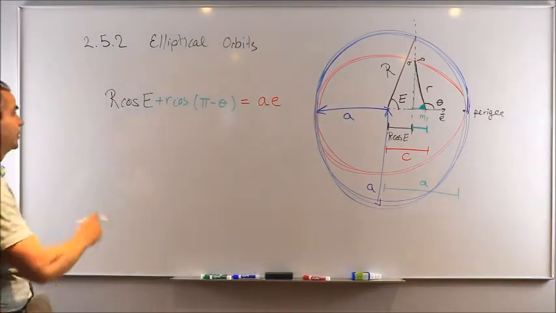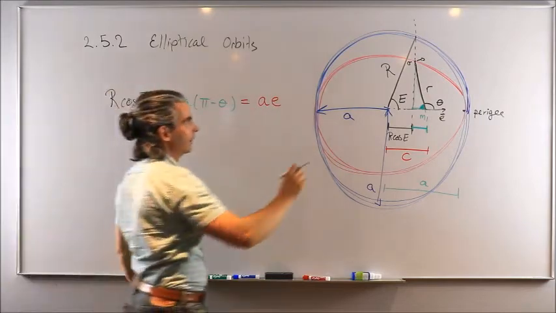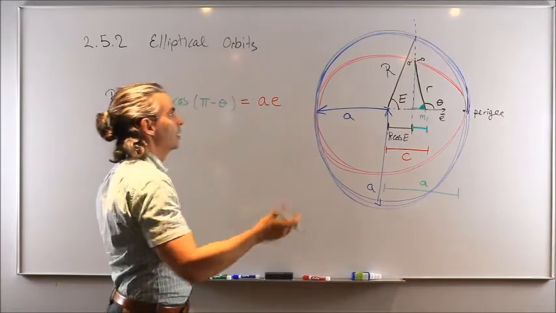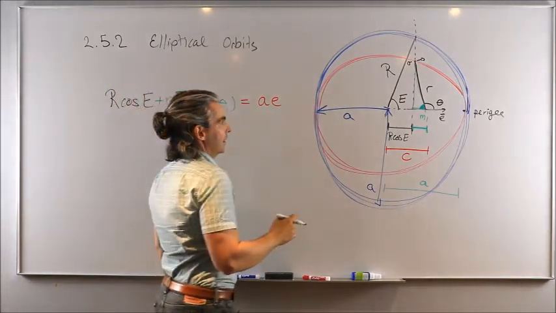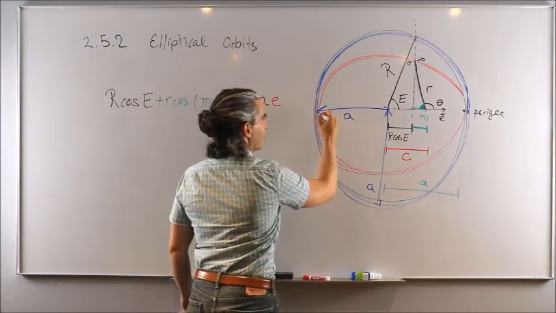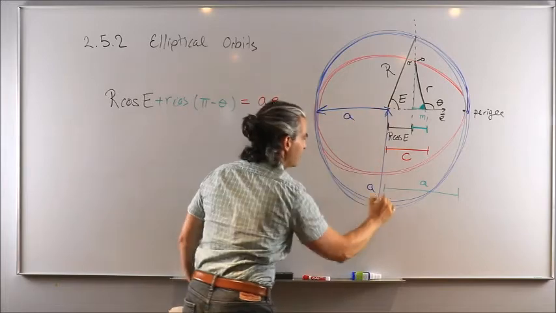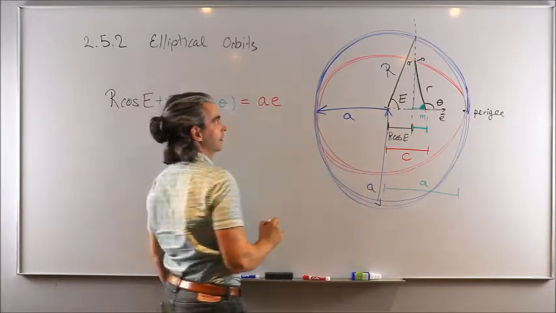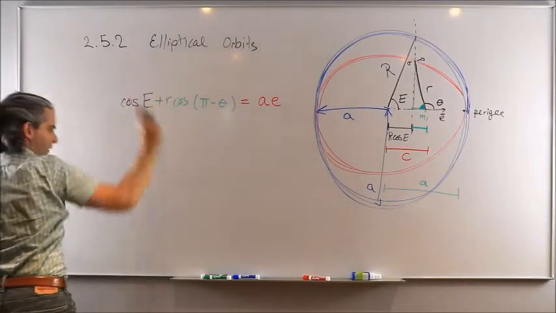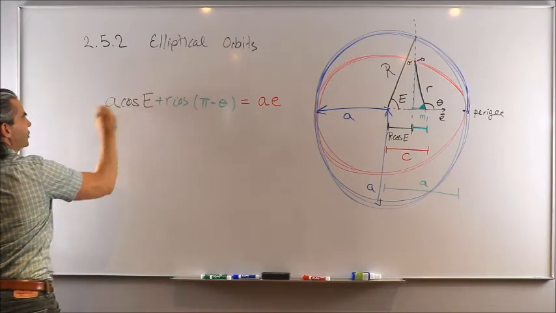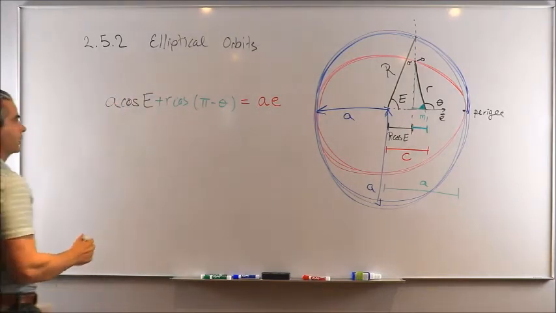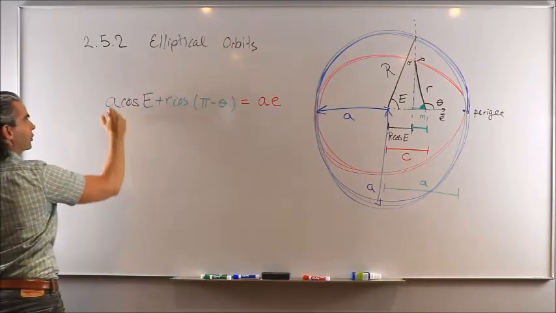Now, another thing we can do with that equation is to realize that the radius of the big blue circle, the auxiliary circle we had drawn over the ellipse, is actually the semi-major axis, as shown here. The radius of the blue circle is the semi-major axis everywhere. So we can come back here and replace R with just our semi-major axis. What we're going to do next is solve that equation for the term in black.